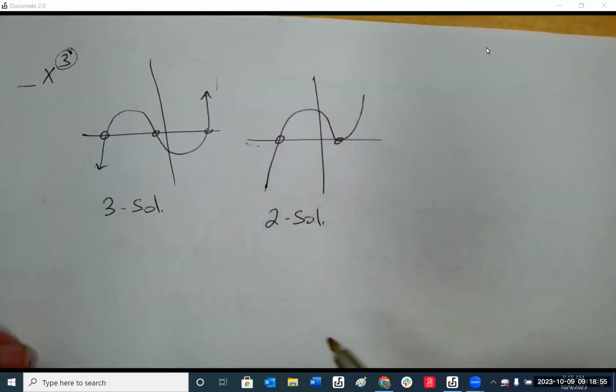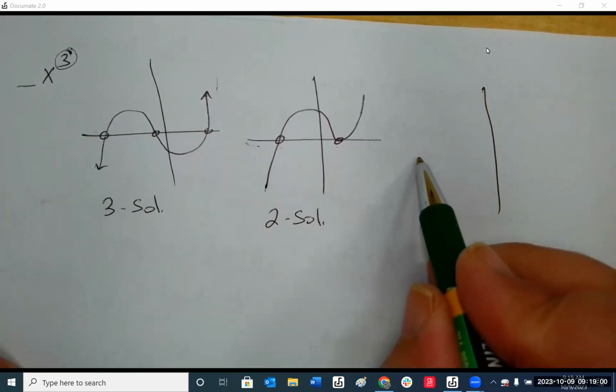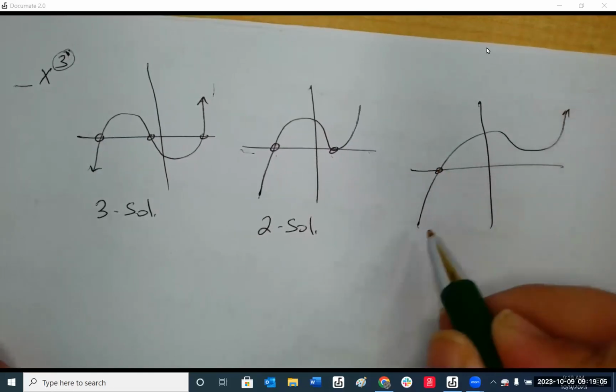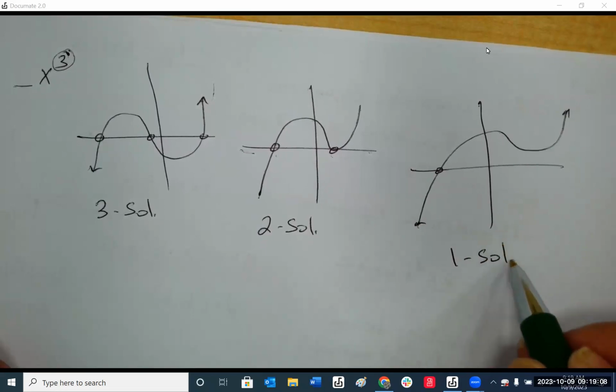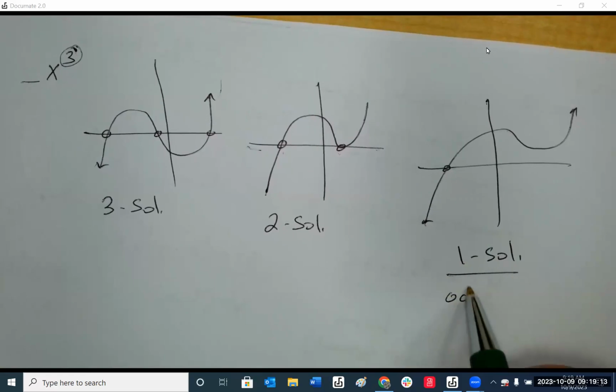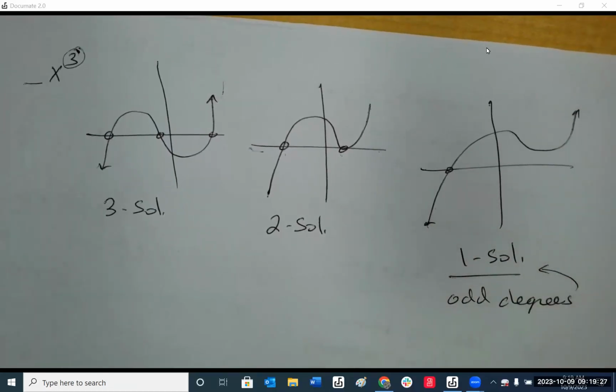Remember, where it's touching or crossing the x-axis, it could be 2 solutions, or this one's 3 solutions. Or we can have 1 solution. Odd degrees have to have at least 1 x-intercept, because the ends point different directions, so one direction is bound to cross the x-axis.